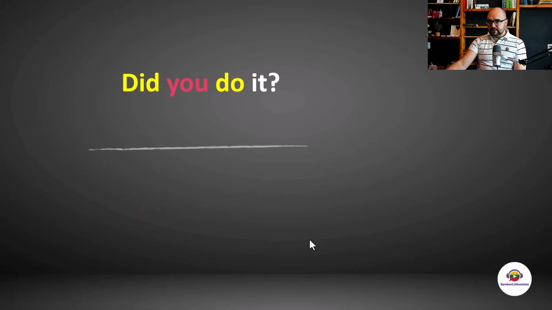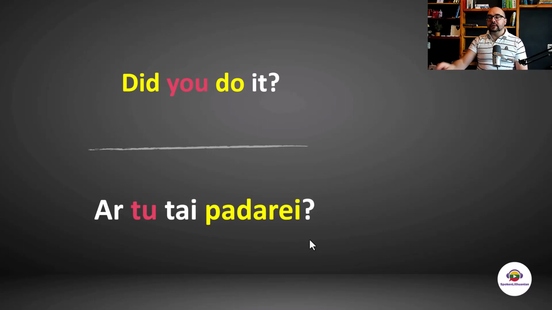Did you do it? Now, if you saw my previous lessons, you might remember how you make it into a question. Tu tai padarei, now that's an affirmative sentence. Now make it into a question. Ar tu tai padarei? The only thing you have to do, just add ar, and now you can make a question out of any sentence.